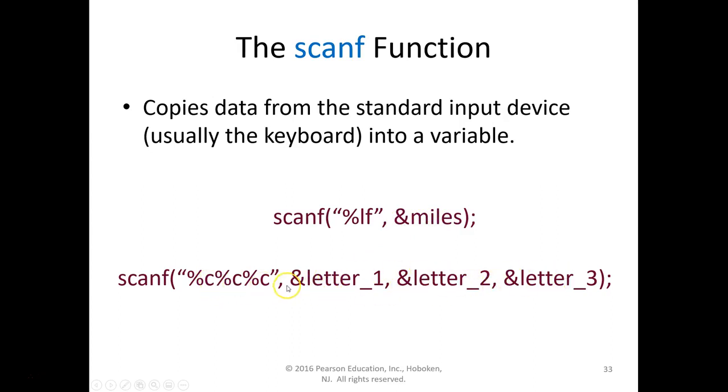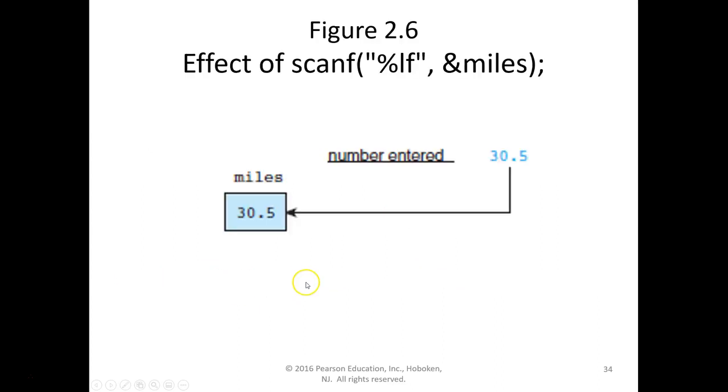You put %ccc, and that's it. So scanf. When you enter 30.5, automatically, because this one already defined the address location of mal here, there's already a space set up in memory. When you write, it just goes here.